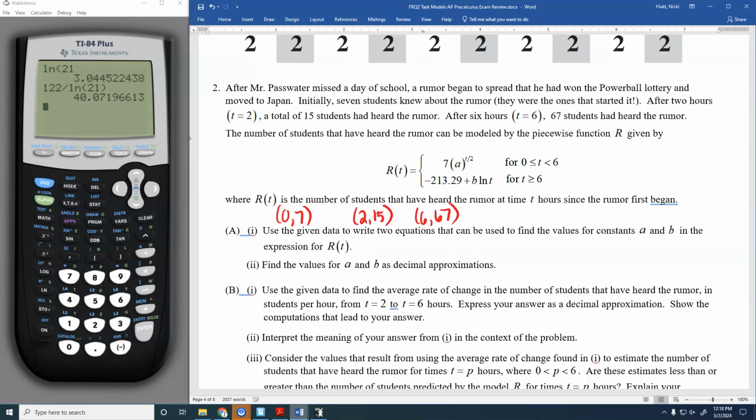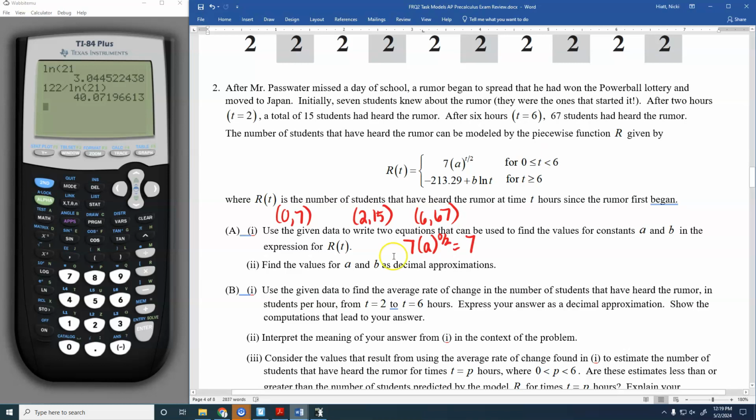So if I do 0, 7, should I use the top equation or the bottom equation? Top, because I'm supposed to use the top when t is between 0 and up to 6, not including 6, right? So I would do 7 times a to the 0 divided by 2 equals 7.